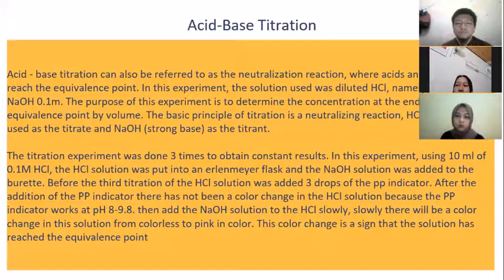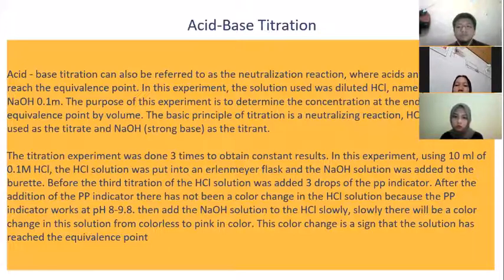In this experiment, 10 milliliter of 0.1 molar hydrogen chloride was put into an Erlenmeyer flask, and the natrium hydroxide solution was added by the burette. Before the titration of the hydrogen chloride solution, 3 drops of phenolphthalein were added.